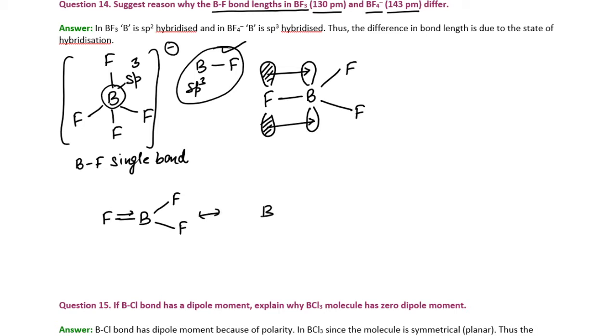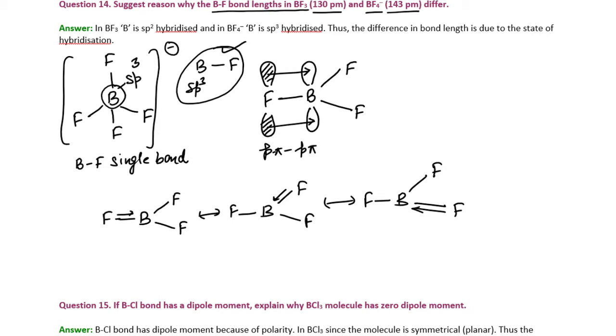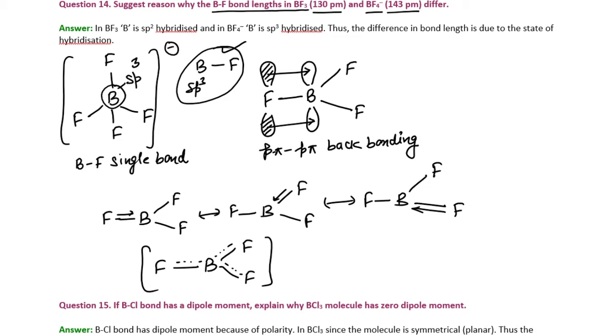So that double bond character may be anywhere. This is called p pi back bonding, meaning there is double bond character between boron and fluorine, and at the same time boron is sp2 hybridized.